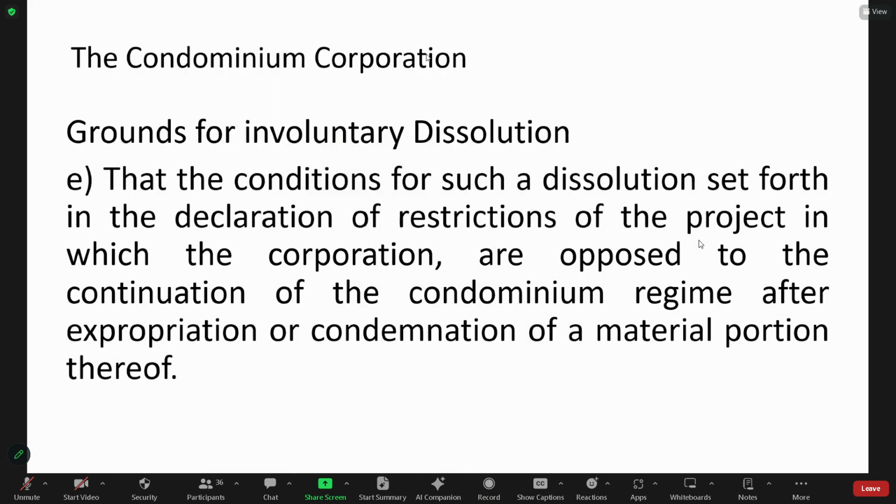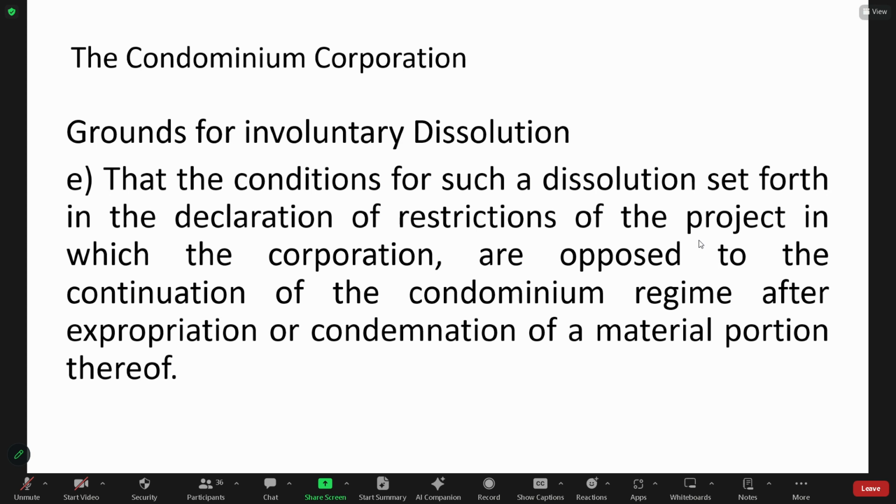Okay, letter E. Someone read. Sige, Miss Amira, please. That the conditions for such a dissolution set forth in the declaration of restrictions of the project, in which the corporation are opposed to the continuation of the condominium regime after expropriation or condemnation of a material portion thereof.